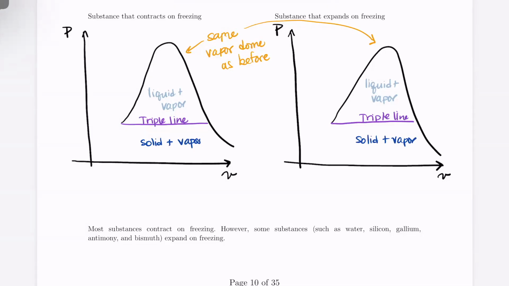And this triple line extends a bit further for a substance that contracts on freezing.